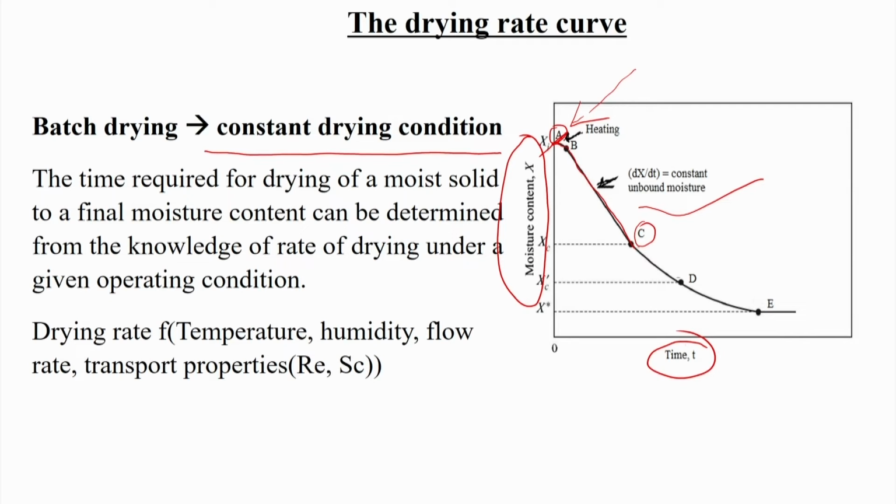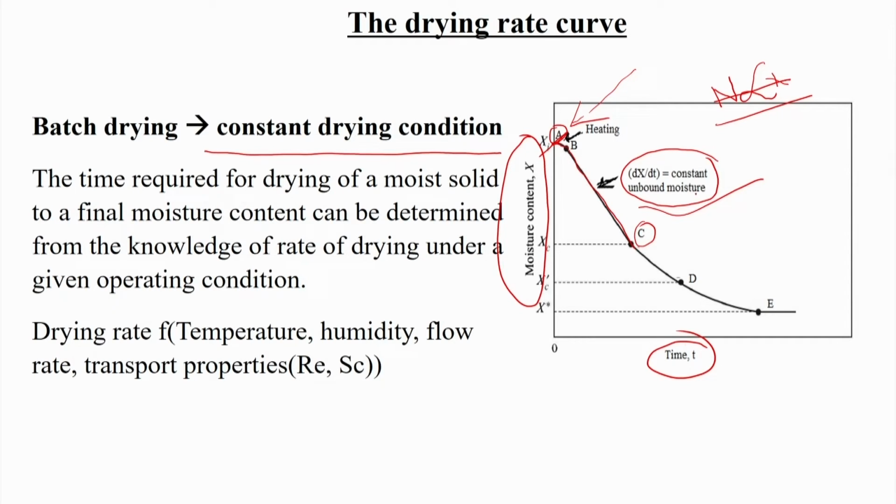If the drying rate is N, in the constant drying rate period, the drying rate will be proportional to the moisture content.